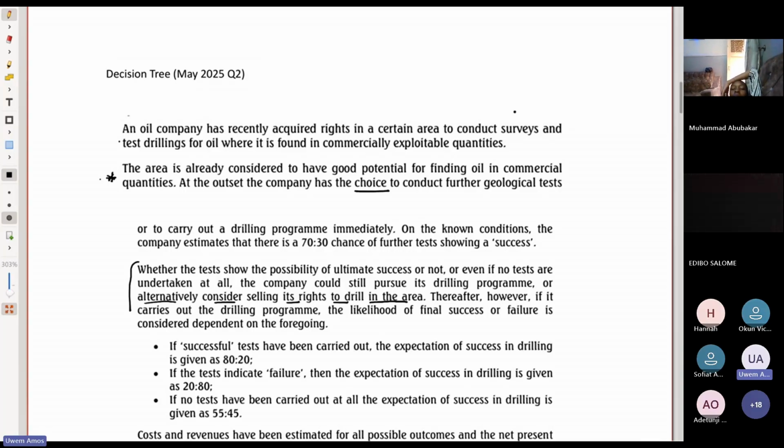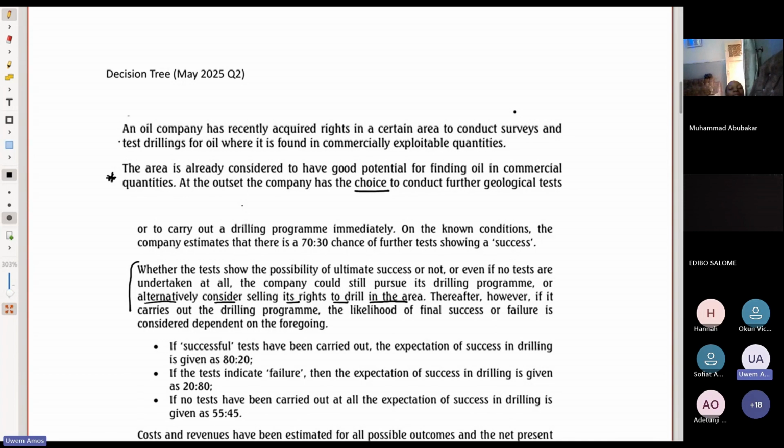At the outset, the company has the choice, that's a decision, we've already mapped that, to conduct further geological tests or to carry out drilling program immediately on the known conditions. So what we mean by that is, if the company carries out the test and knows the condition of that land. So on the known conditions.